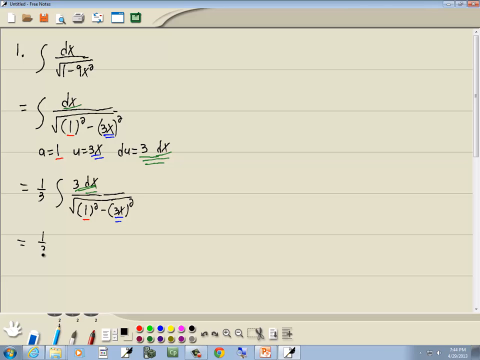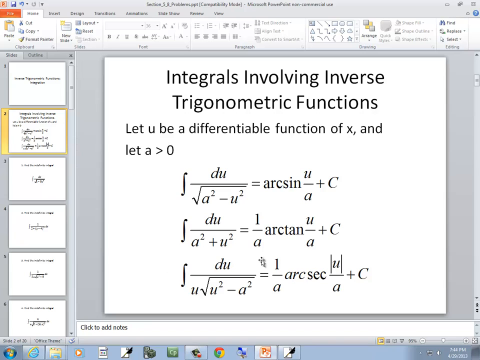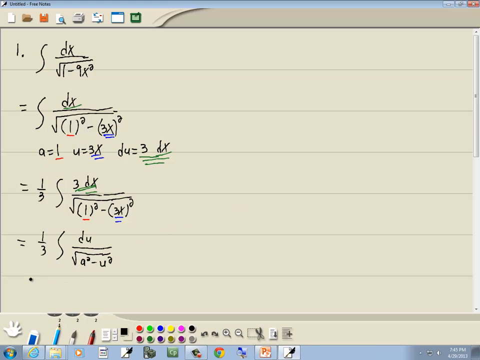So this will become 1/3 the integral. Replace 3 dx with du. Replace the 1 with a, so it becomes a squared minus, and replace the 3x with u, so it becomes u squared, which matches our formula perfectly. So we're going to rewrite it as arcsine of u over a plus c.